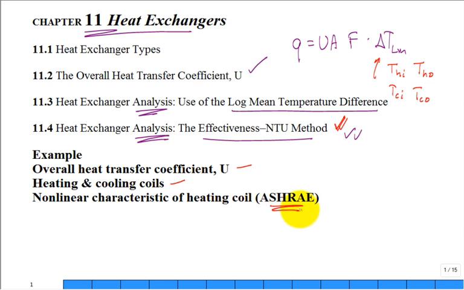If you work in the area of HVAC, heating, ventilation, air conditioning, the American Society of Heating, Refrigeration, Air Conditioning Engineers has a lot of material out there, and there are some interesting discussions of the nonlinear thermal characteristics of heating coils used in buildings to make warm air in the winter and supply that warm air to the interior of the building. All right, so let's jump into it.